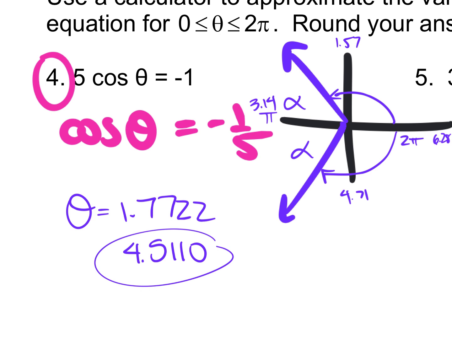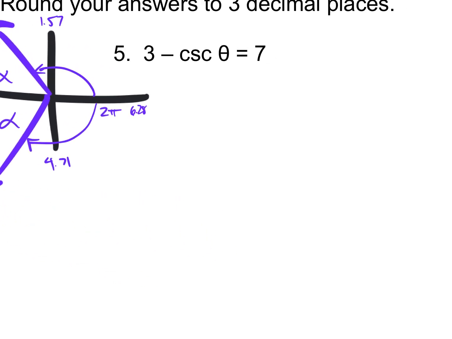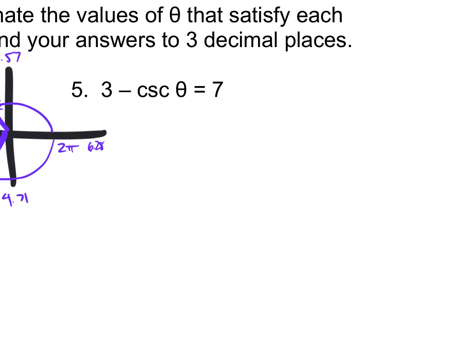Okay? Shall we do one more? Sure. All right. Let's get started on 5 together, and then you can finish finding the answers yourself. If I'm solving for cosecant, what am I going to do? Add it to the other side, subtract 7. Yeah, I'm going to add the cosecant to the other side and subtract 7. So that's giving me cosecant is equal to -4.